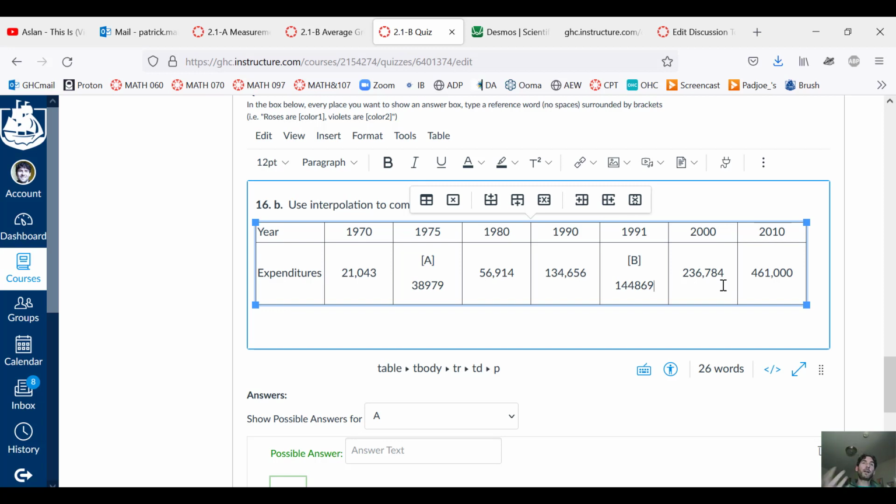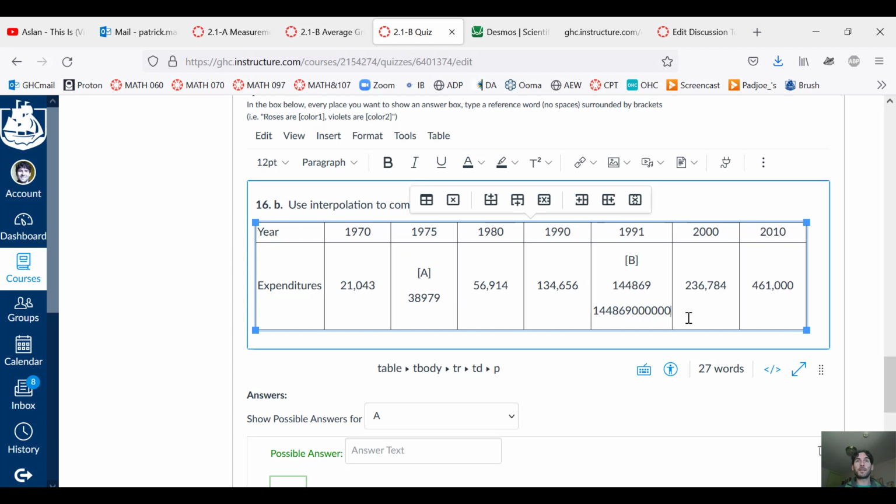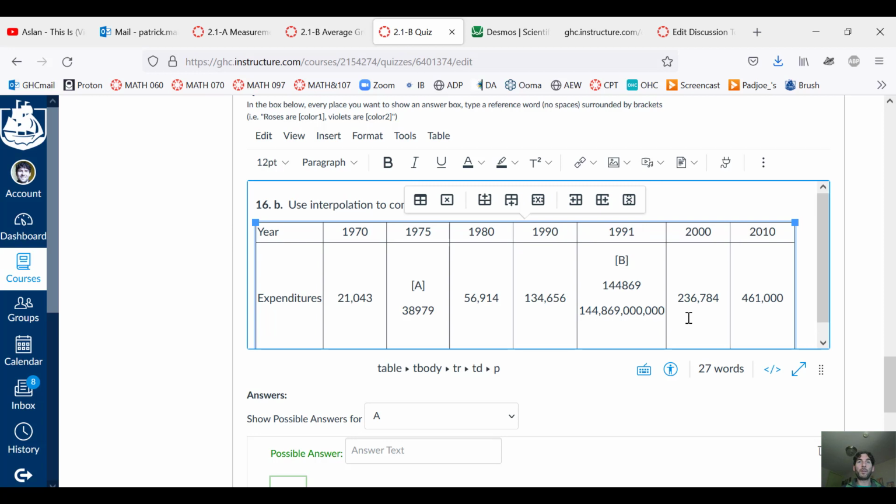In the context of the question, because these are all in millions of dollars, that's actually this many million. Let me put the commas in. That's the actual number in real life, which amounts to about $145 billion if I round it. So about 145 billion spent on college in the entire country in 1991.